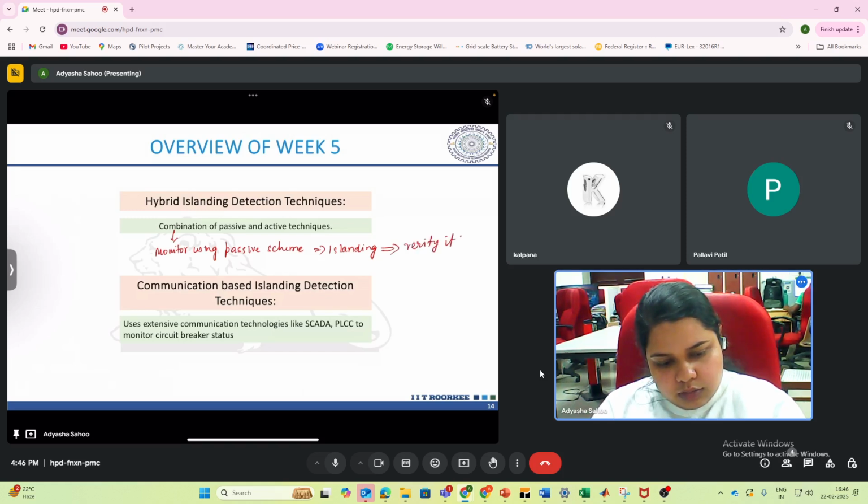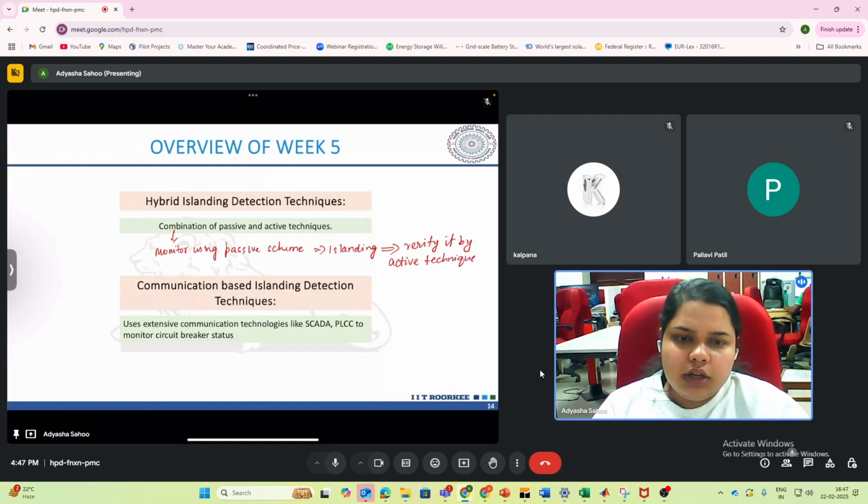We verify it by the passive-active technique, because for active techniques you need sophisticated devices and controllers, and majorly you are driving the system towards instability there. So you minimize the use of the active technique this way, and you also verify the islanding detection of the passive scheme.